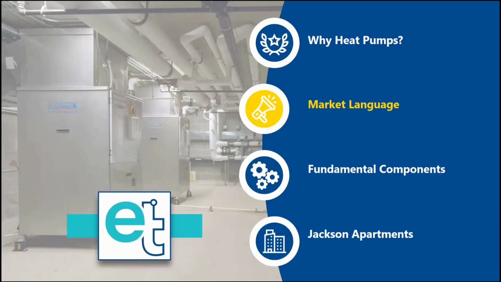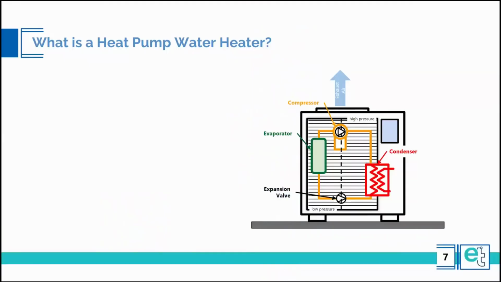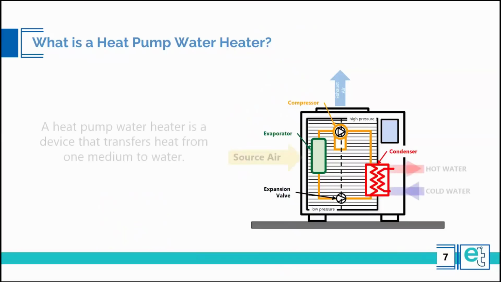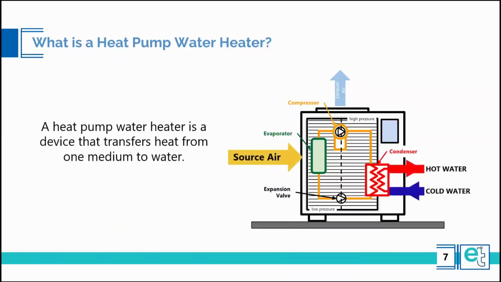So, the market language around heat pumps. What is a heat pump water heater? A heat pump water heater is a device that transfers heat from one medium to another medium. In this case, we're talking about air source heat pumps.